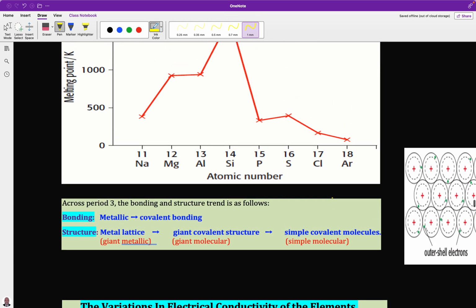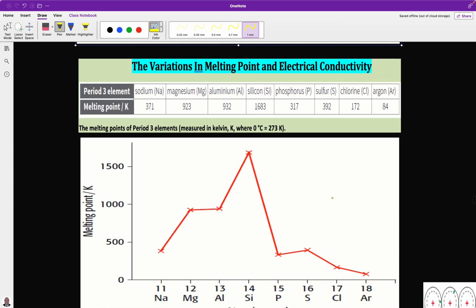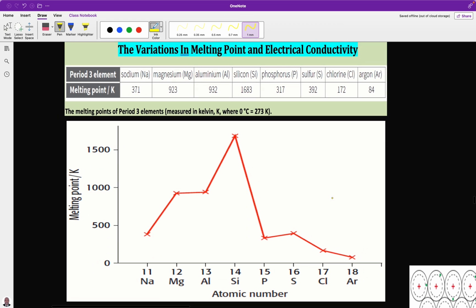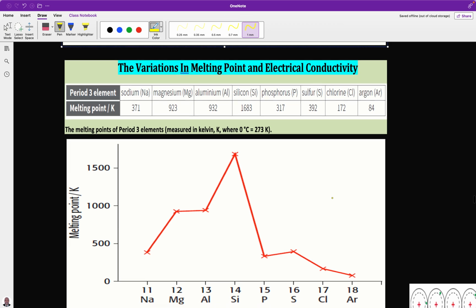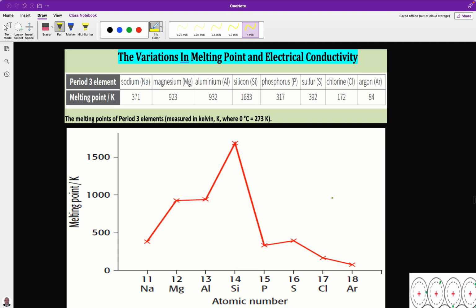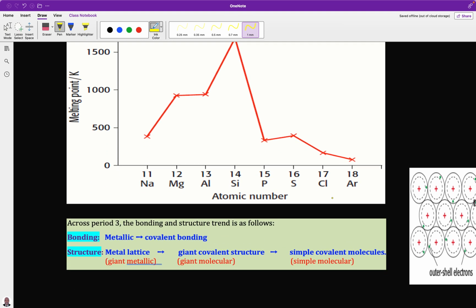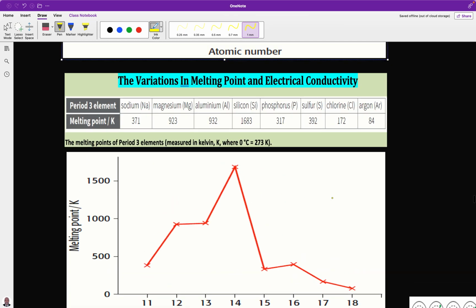So once more, when you are given properties like this, when it comes to melting point and electrical conductivity, please try to figure out the type of bonding and the type of structures that are there. When it comes to electrical conductivity, try to figure out whether they have delocalized electrons or not.